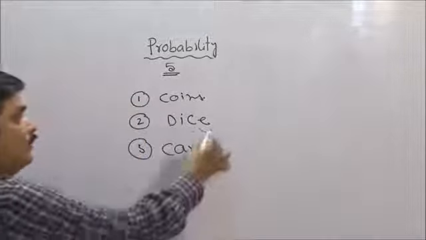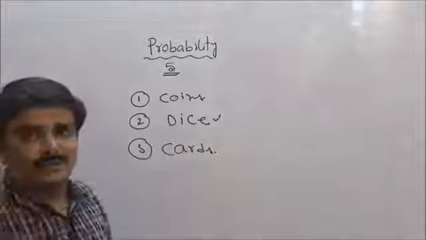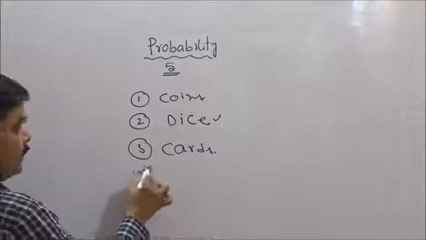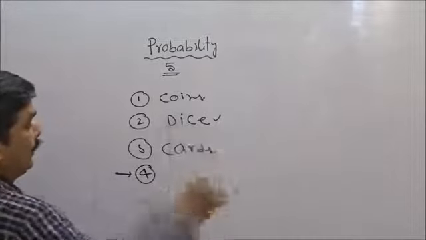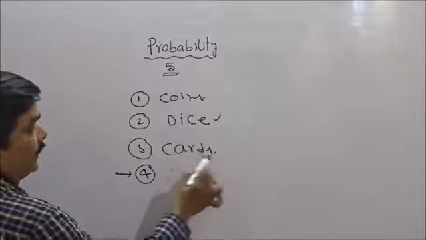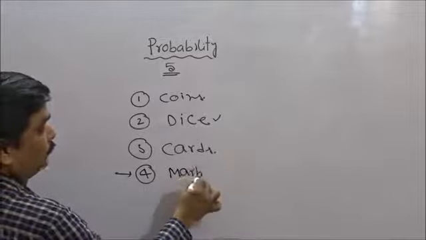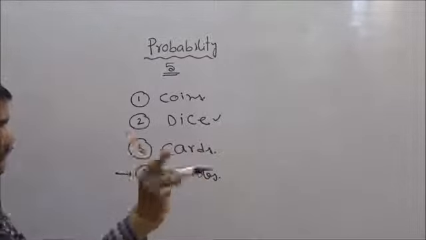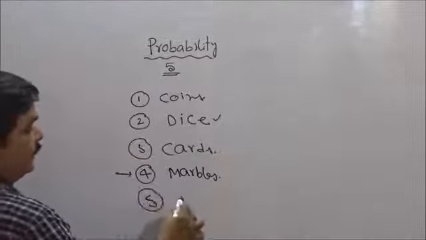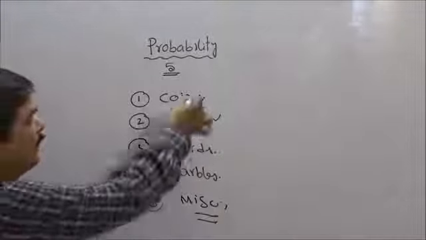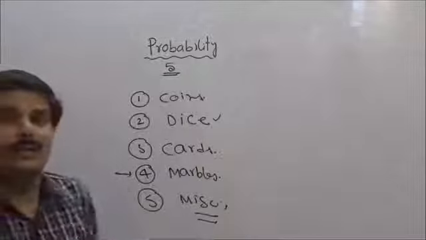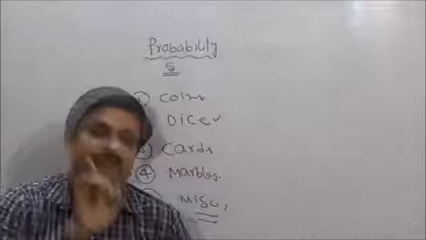Even on dice also very logical questions are there. Then, most commonly in competitive exams, they give problems based on marbles also. Then the fifth one I can take as miscellaneous questions. We discuss one by one, right from the basics to the advanced level, highest difficulty.